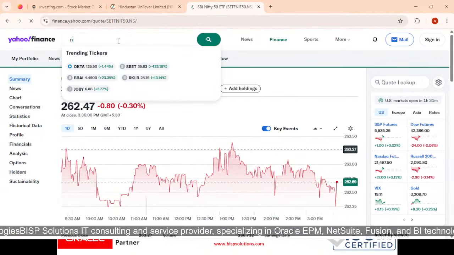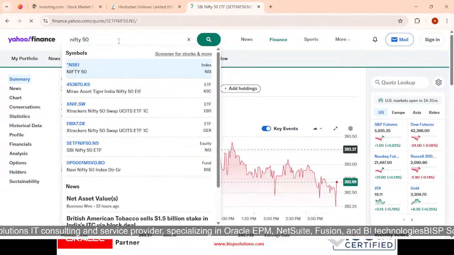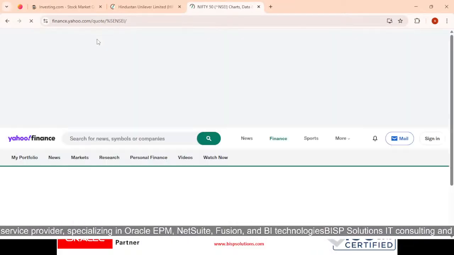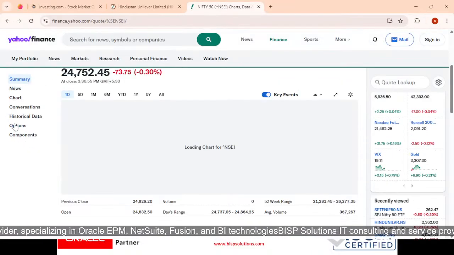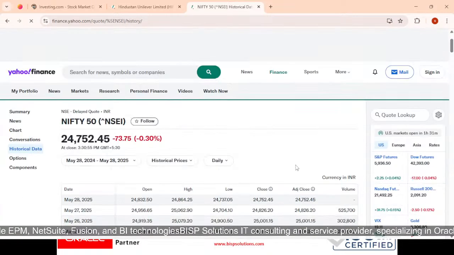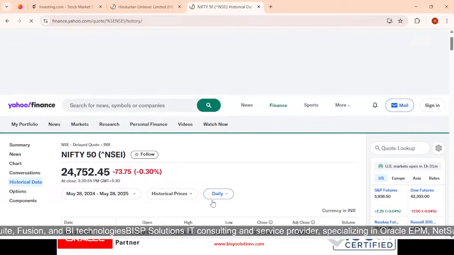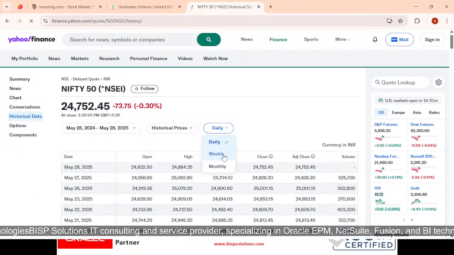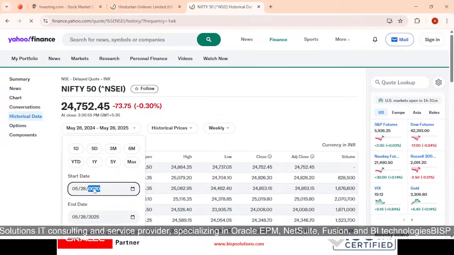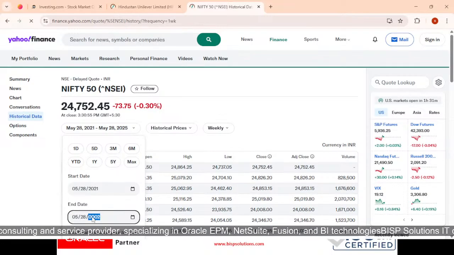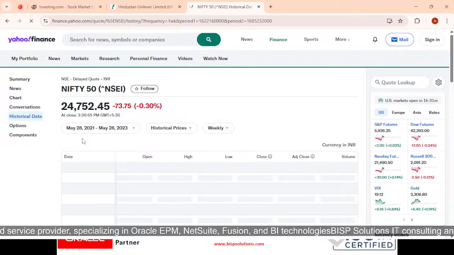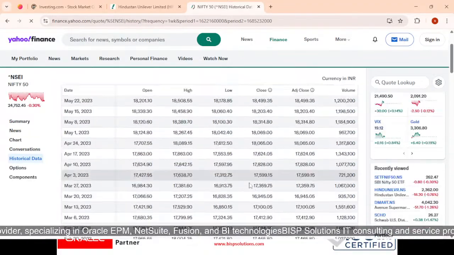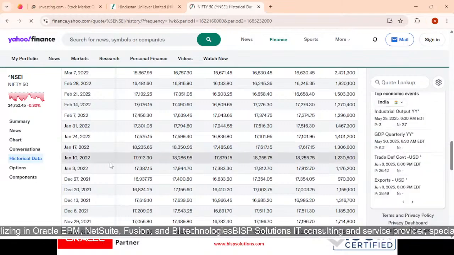Now if I want Nifty 50 returns, it is showing me historical data, so I will be clicking on historical data, and again the same process will be done, like we have to change from daily to weekly, and here we have to type 21 and here 2023, because we have to maintain clarity of dates between both.